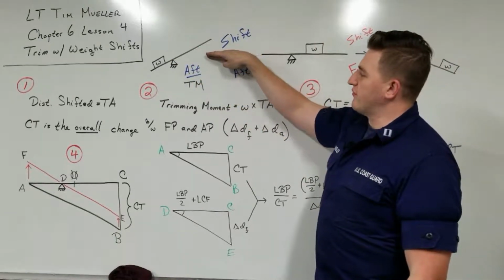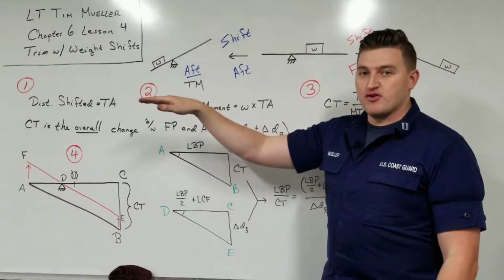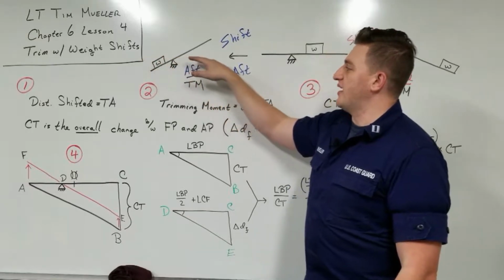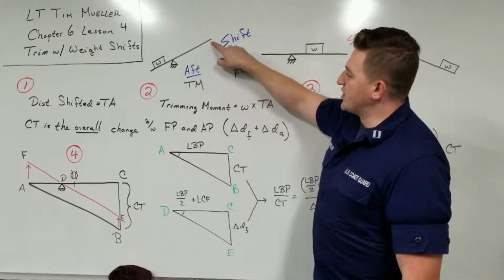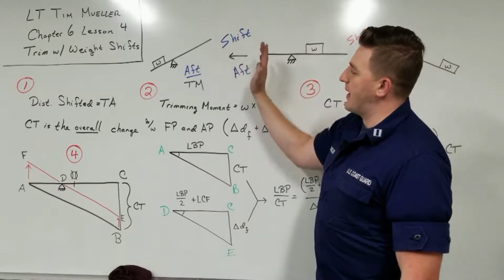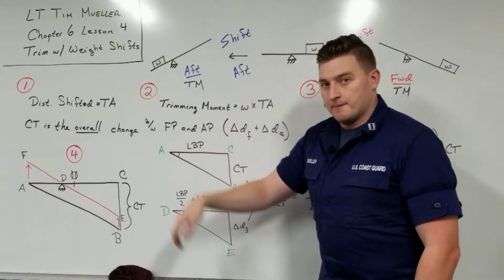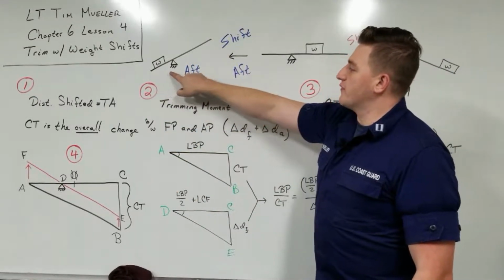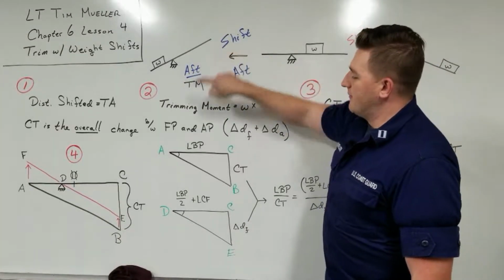The ship was originally straight with zero trim, along this horizontal line. Now it's trimmed. We have a change in the draft forward, it's popped up, and a change in the draft aft, it's sunk down. The change in trim is the overall change from aft all the way to forward.